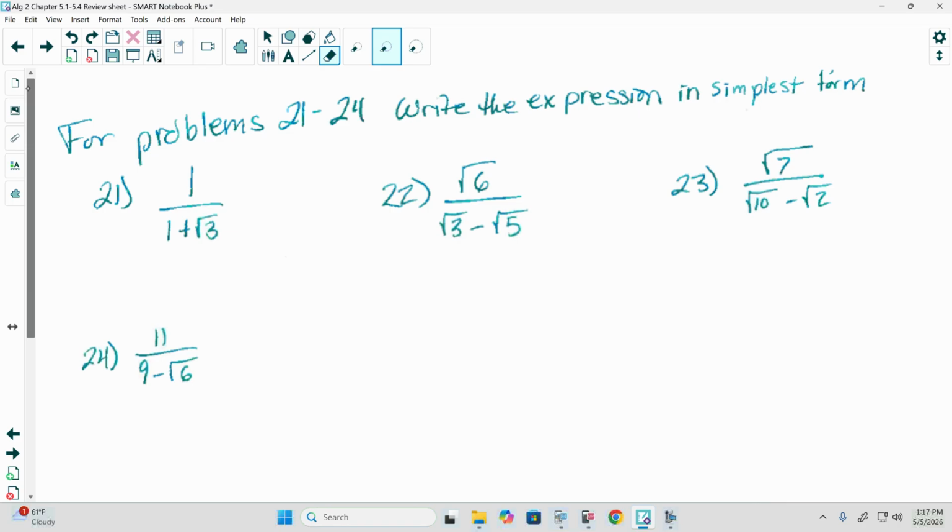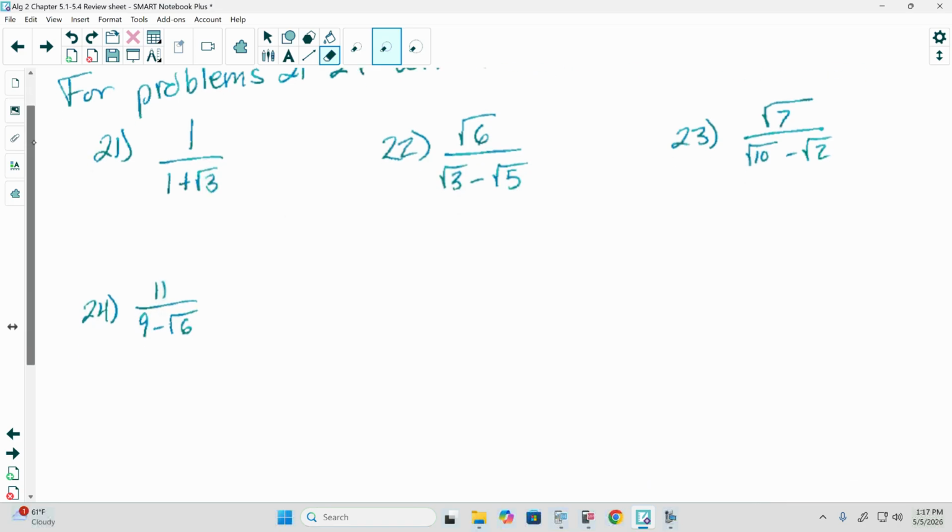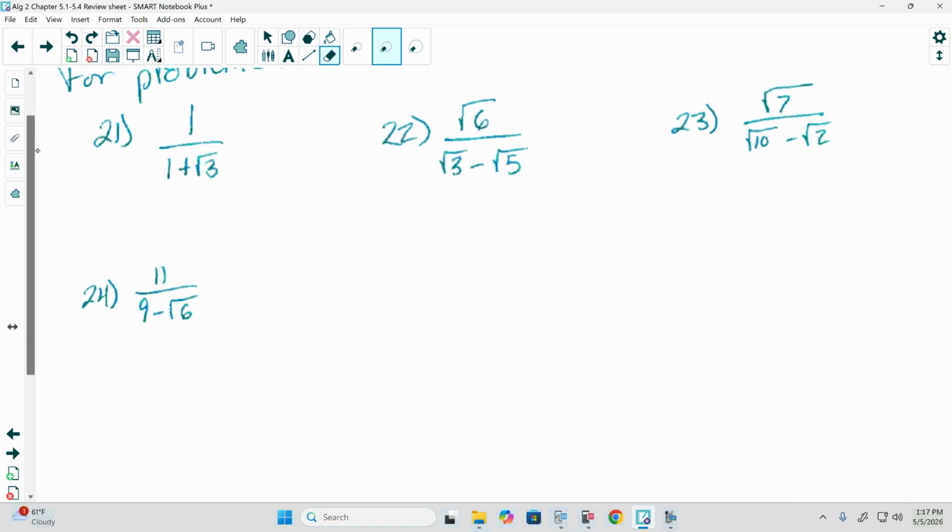22. So we went over these in class, and we talked about the fact that for me to be able to solve this, we would multiply it by the conjugate of the denominator, which would be 3 plus the square root of 5. We'd multiply it on top and bottom. However, the sign in the middle would change from minus to plus.